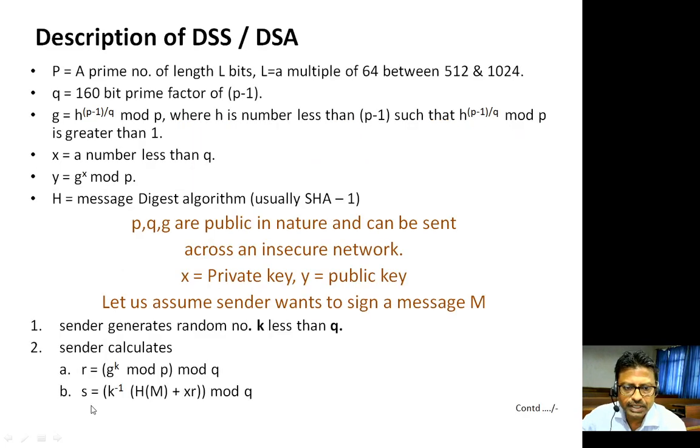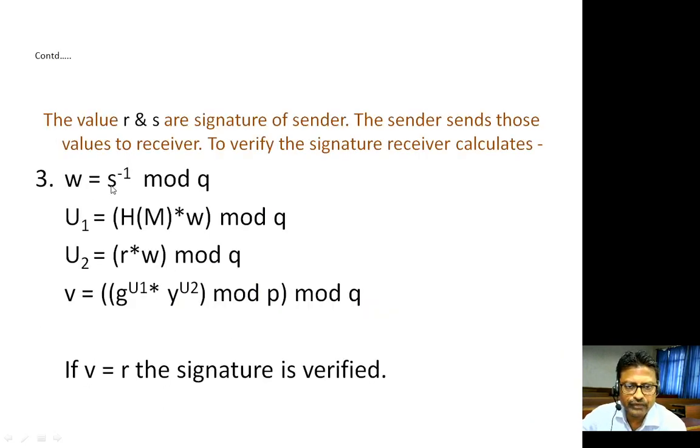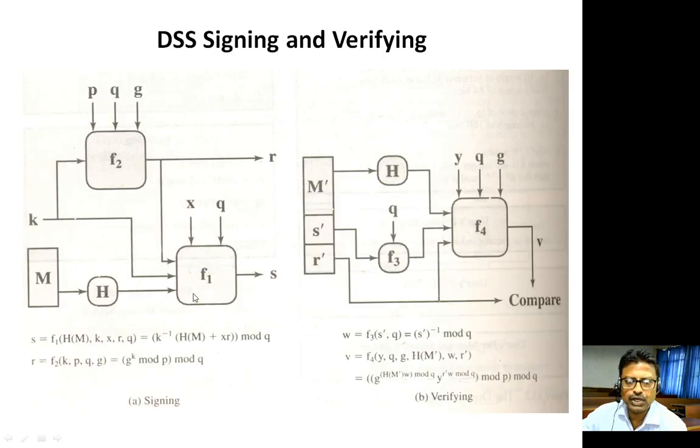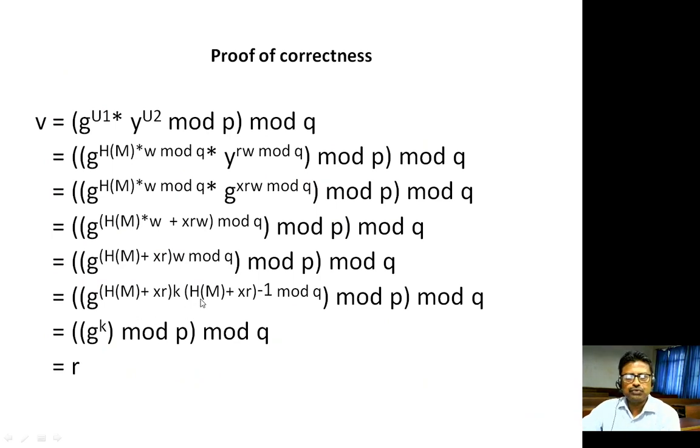And what is the value of s? s is equal to k inverse (hm plus xr) mod q. So whenever we put the value of s over here, k inverse will become k, and (hm plus xr) becomes inverse, and then mod q. So it will become k, then (hm plus xr) inverse mod q.